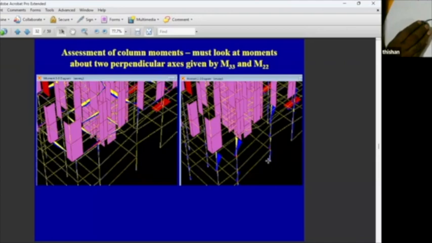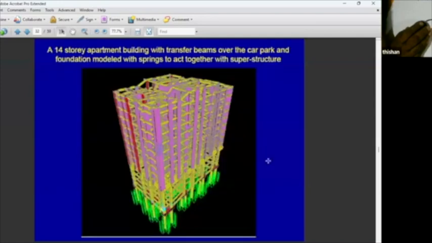So basically, when you are designing a column just below the transfer plate or the transfer beams, you have to be very careful about the biaxial bending situation. Generally we select the columns to be strong in one direction, but in this particular instance, you can see the column needs huge strength in the other direction as well. So these are some of the concerns that you have to have.